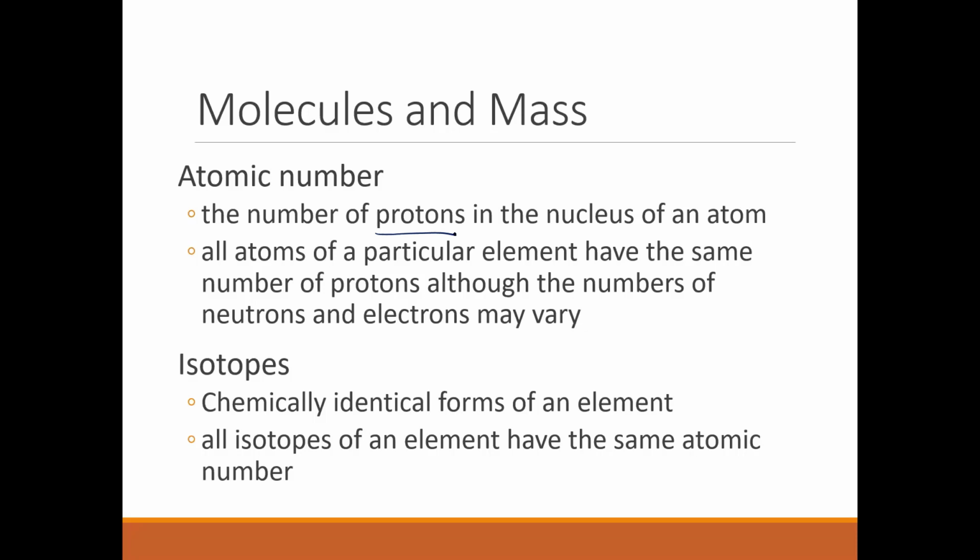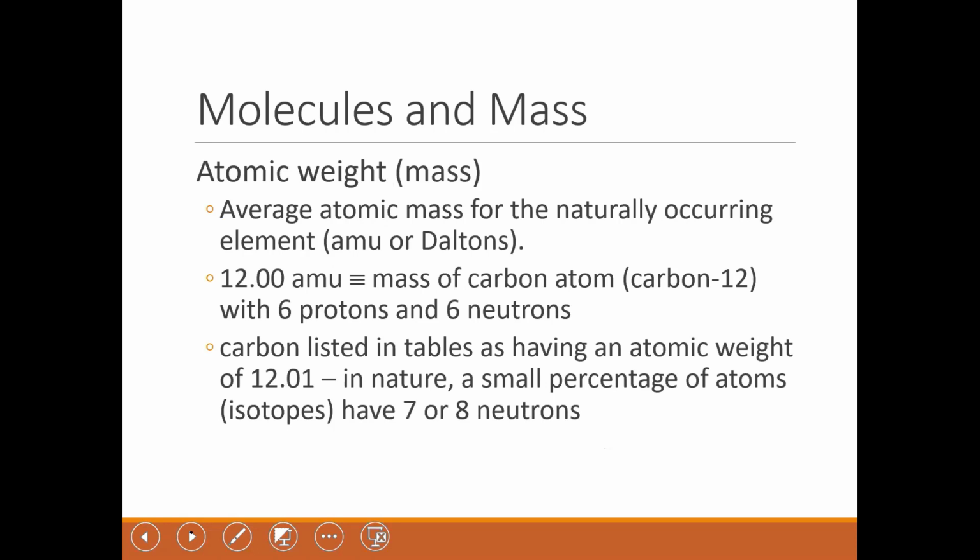Isotopes are chemically identical forms of an element, and they have the same atomic number, which means that they have the same number of protons. The number of neutrons can change. So for example, we can look at this in terms of carbon.